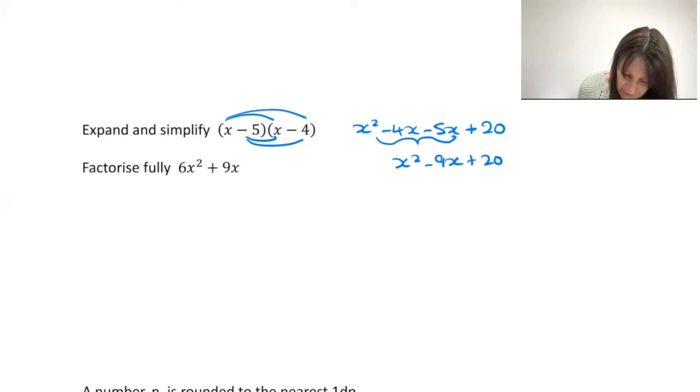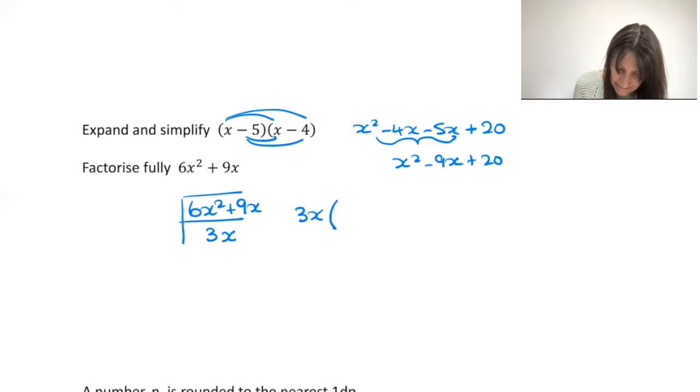Here we've got to factorize. Now, 2 terms, 1 bracket. This is F for factorizing. Okay, the common elements are the 3 times table and the x. So 3x is going on the outside. Now 3's into 6 go 2.